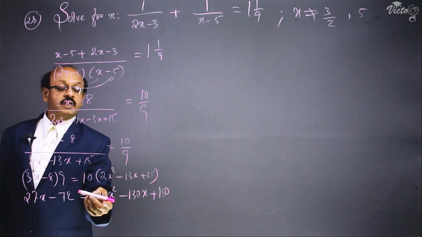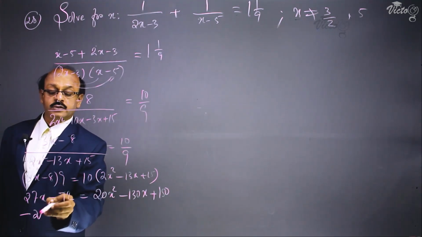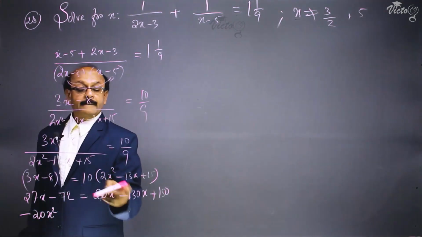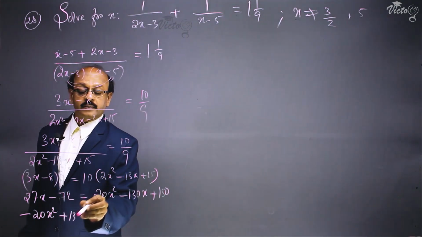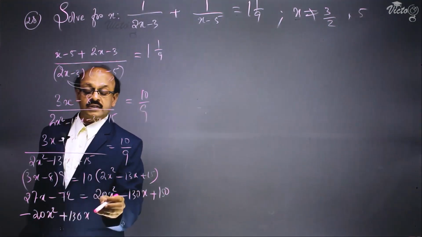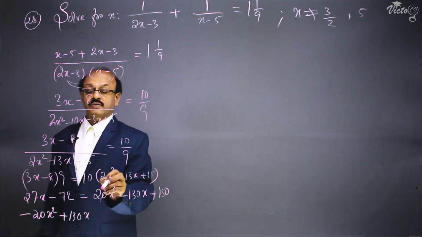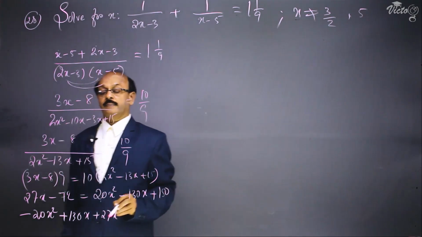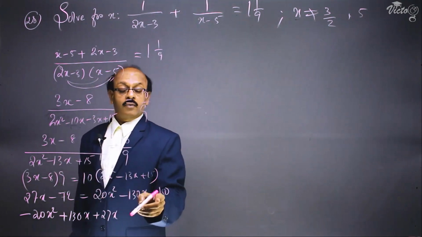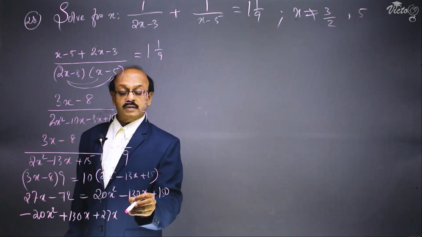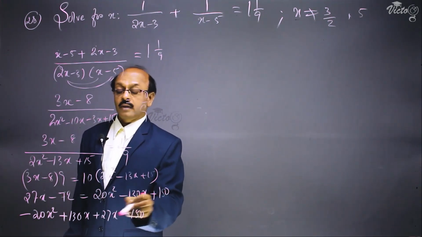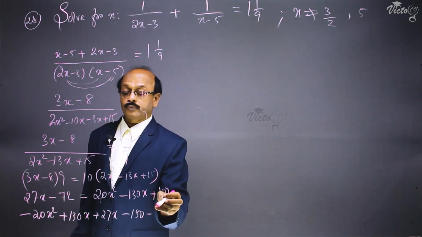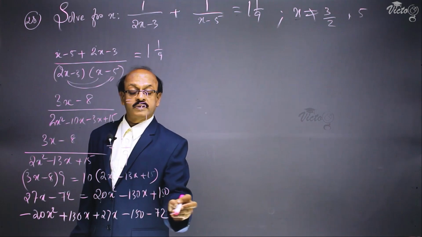Taking 20x square to the left, it is minus 20x square plus 130x, plus 27x, then 150 taking to the left it is minus 150, and minus 72 is equal to 0.